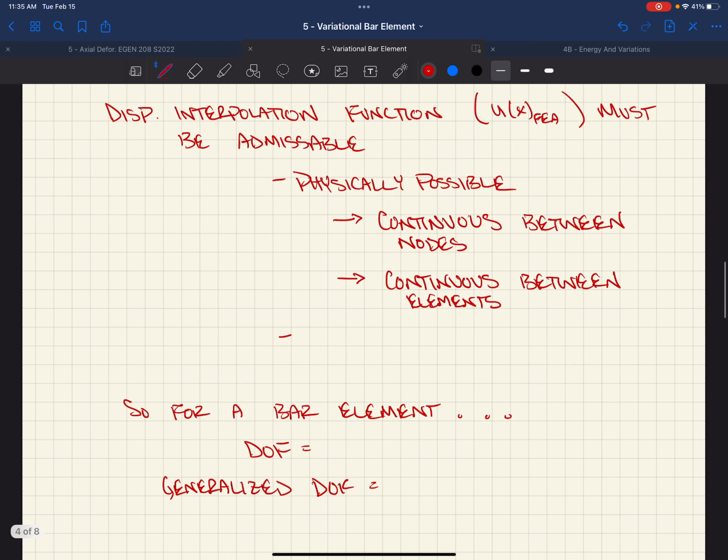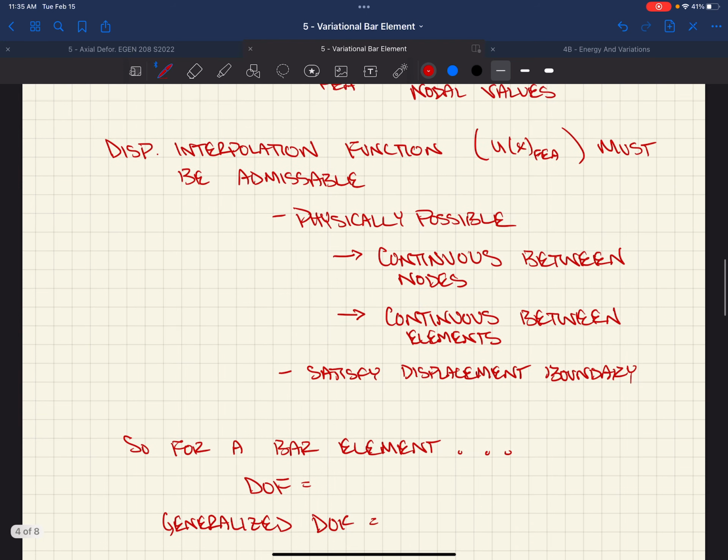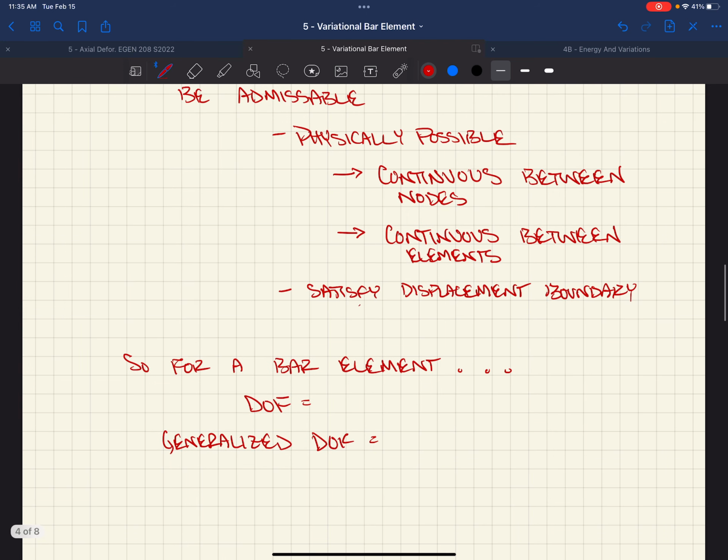Can't have massive steps. And we must always satisfy displacement boundary conditions.